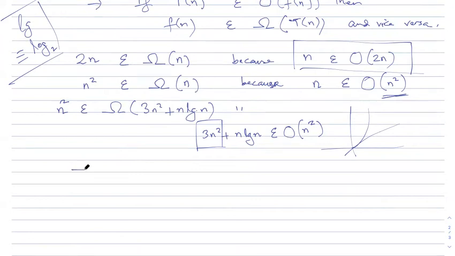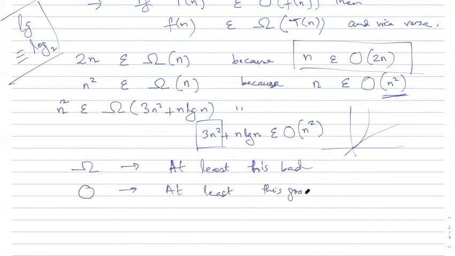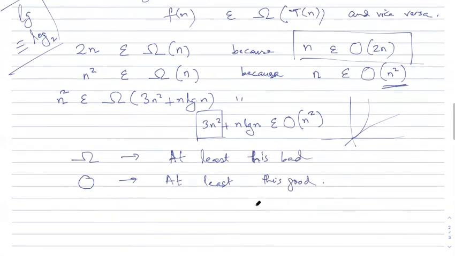So sigma signifies that the algorithm is at least this bad, and big O signifies that the algorithm is at least this good, right?